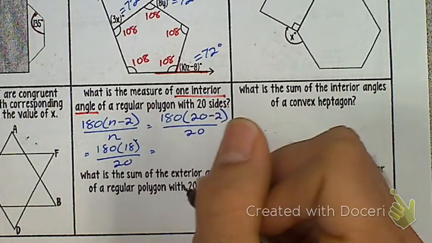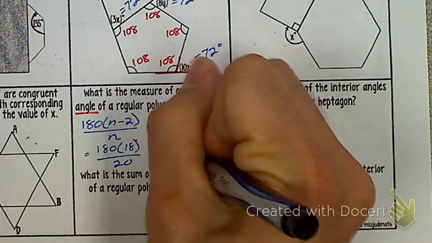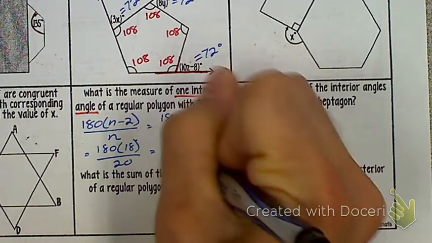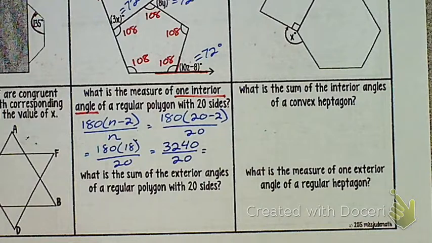I got 3420. 180 times 18. Oh, you're right, 3240. I don't know what I typed in the first time to get 3420. It's all good. We all get that. Divide by 20, and that gives me how much? I don't know. If you have a phone, you can go ahead and use it right now.